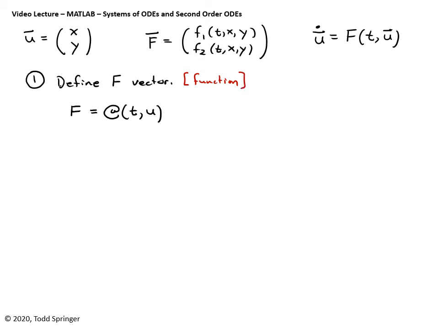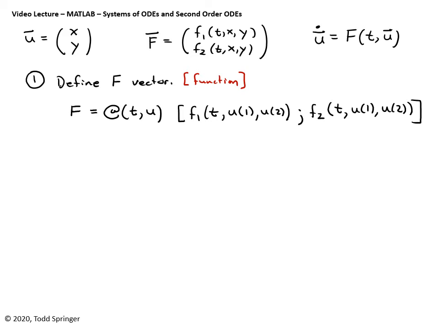And then the thing is that f is a vector, so it has two entries. So I need to put in here f1 of t, u of 1, u of 2. That's the first entry. And then f2 of t, u of 1, u of 2. Okay, let me explain what's going on here.